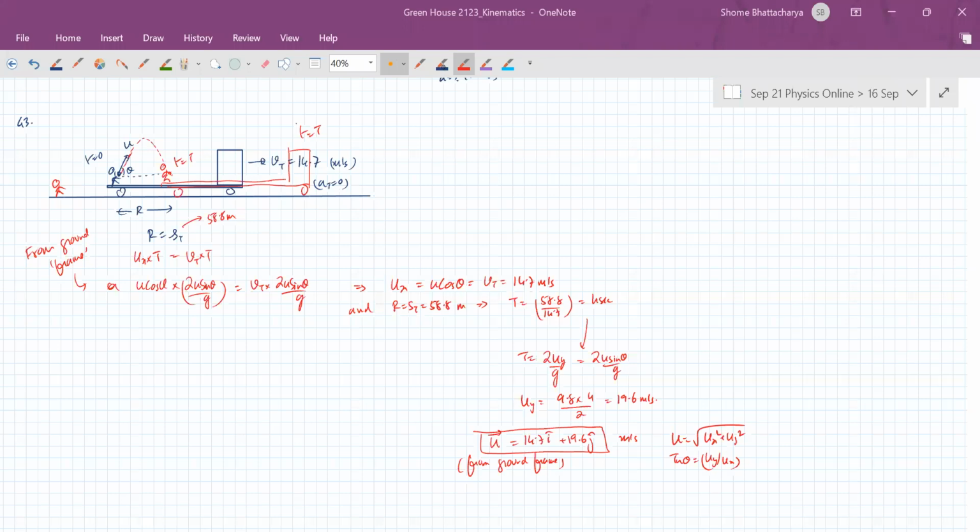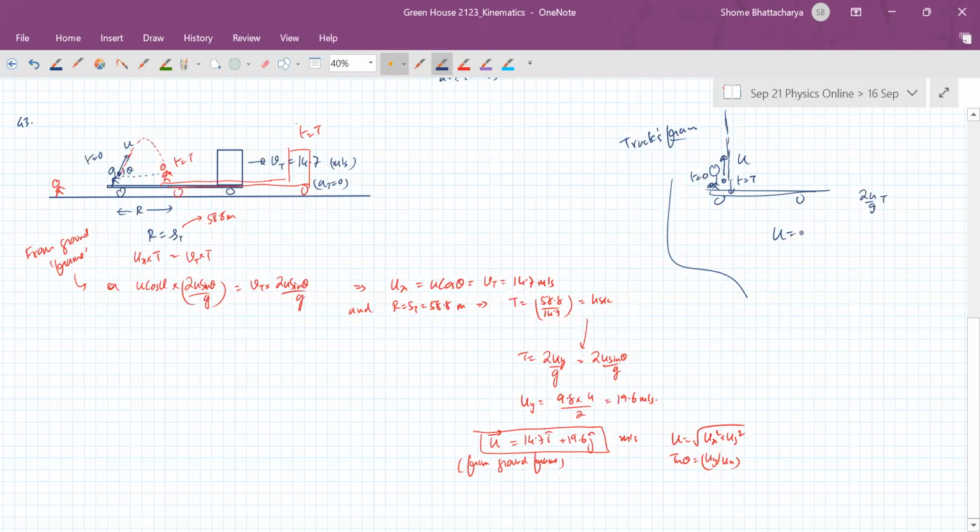Okay. So as far as the person on the truck is concerned, in his frame, what is happening? The truck's frame, the ball is just going up and coming down. So this projection, so 2u by g is equal to t.